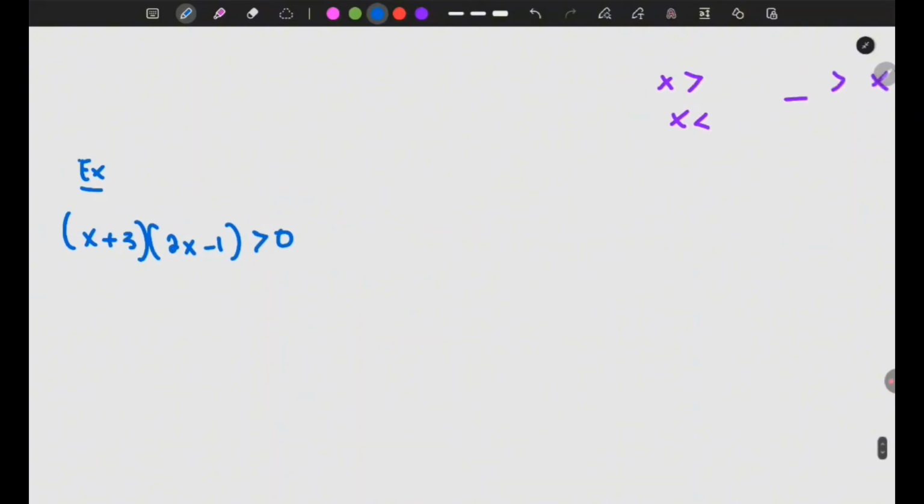But the question won't give it to you like this. They will expand it and give you the quadratic form. So it will be like 2x squared minus x plus 6x, so 5x minus 3.